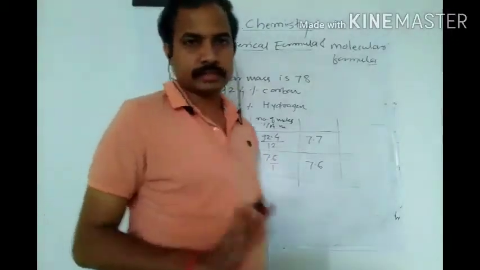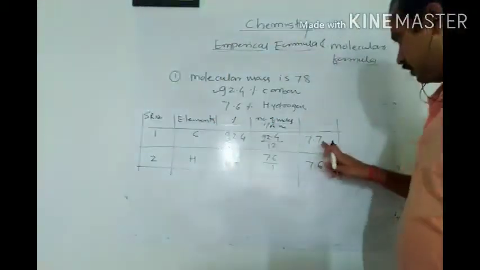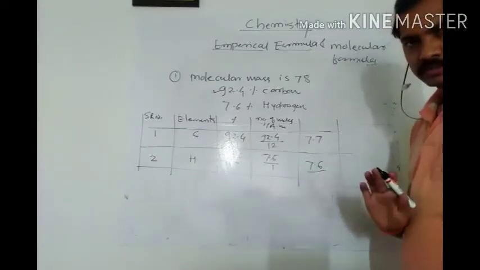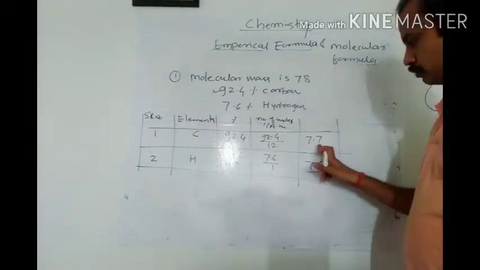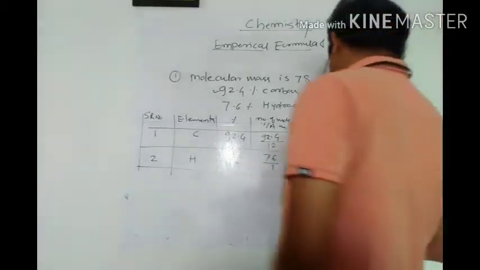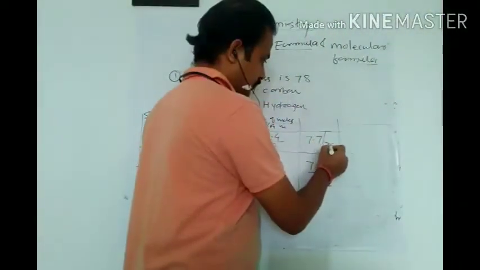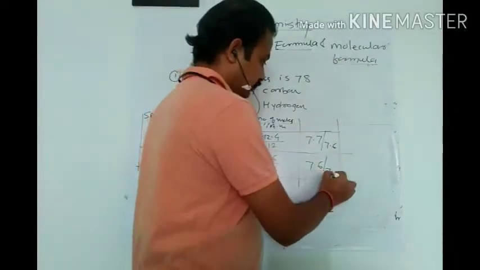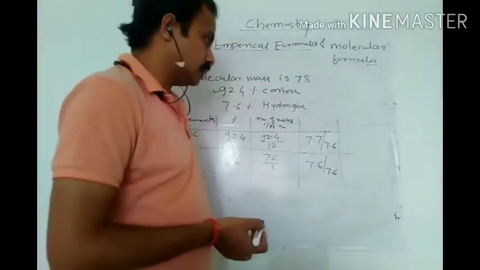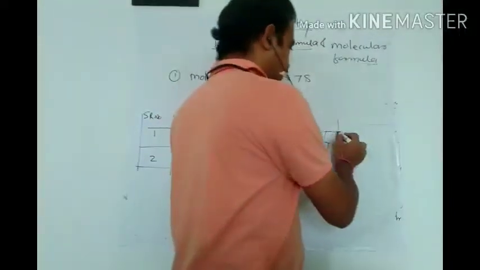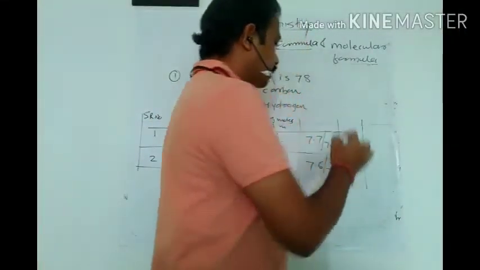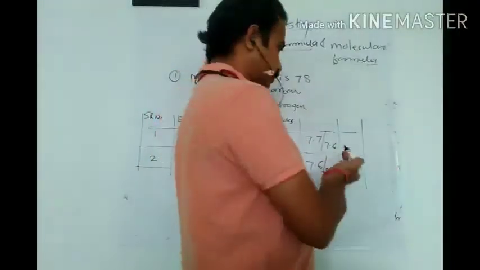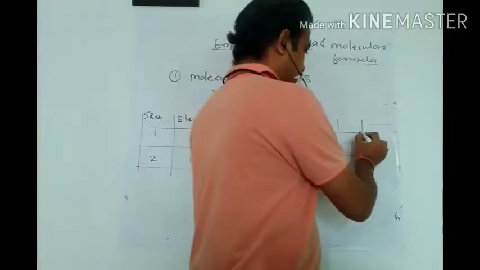In the last lecture we already discussed: select the minimum value out of these two. In this case the minimum value is 7.6, so we divide both terms by this minimum value. 7.7 divided by 7.6 and 7.6 divided by 7.6. 7.7 divided by 7.6 is 1 point something, or we can say it is 1.